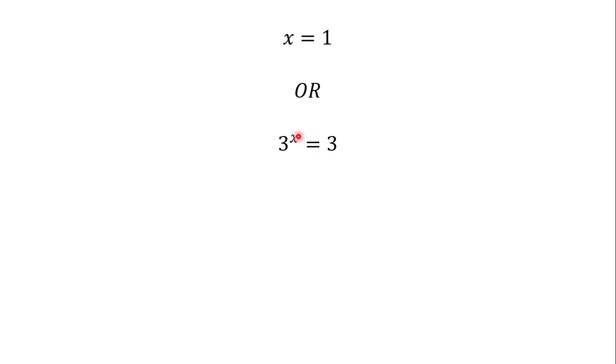Definitely the same thing, 1, since they are equal, right? So by equating exponents, x is equal to 1. You can also say by exponential equation, or by equating exponents, x is equal to 1.